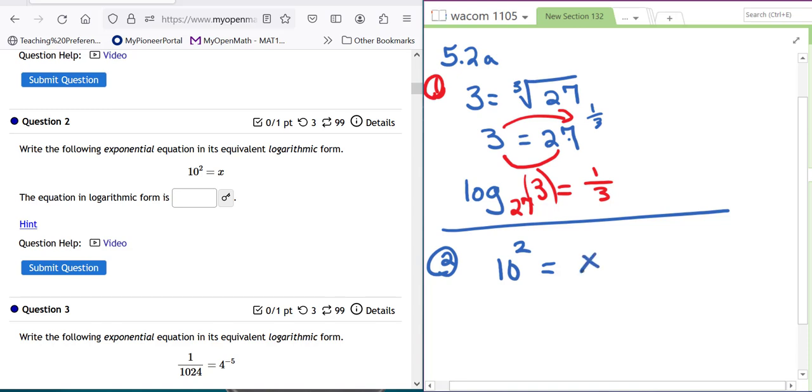They want us to go to the equivalent logarithm form. Here's your base. So we want to go log base 10 of x equals 2.